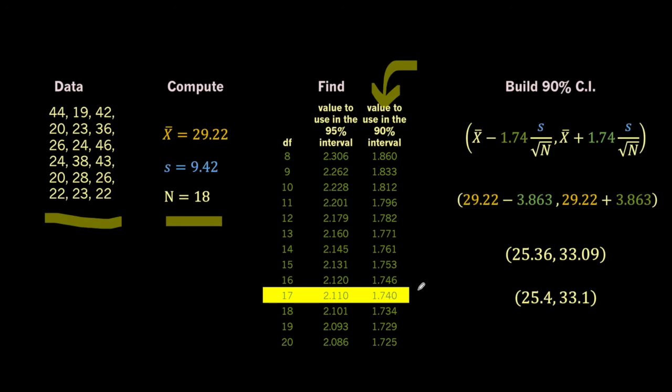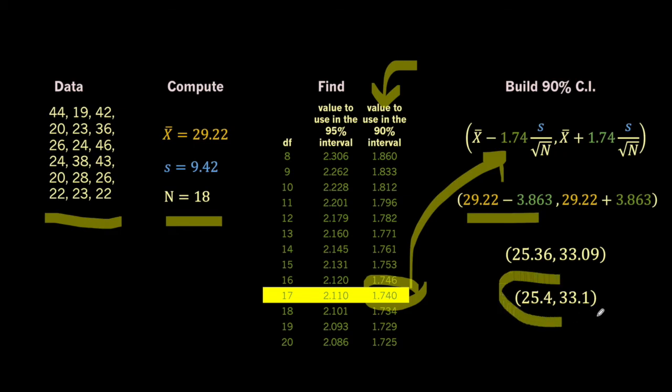In this case, it is 1.74. Before we used 2.1. But for a 90% interval, we have a smaller number that we can easily plug into the interval. We plug it in, we compute the corresponding magnitudes, and we obtain this interval that, as you see, is a little bit narrower than the one we did before: 25.4 and 33.1. And that's it.